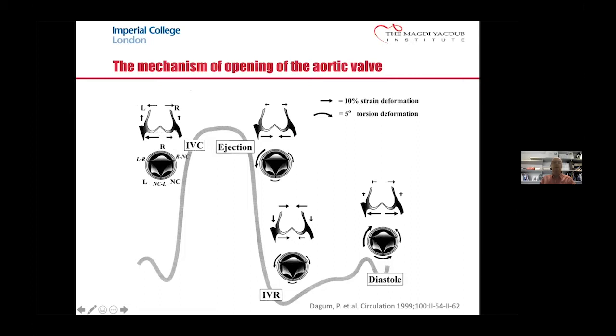even at the base of the annulus or at the level of the sinotubular junction.